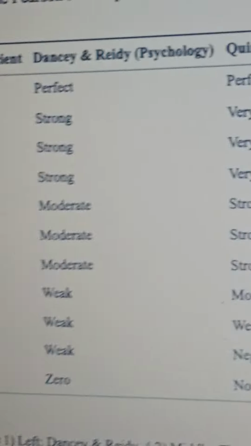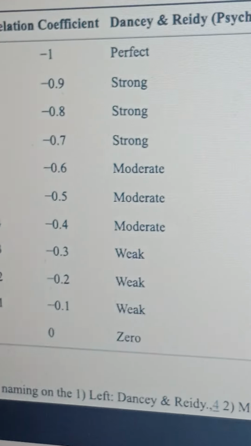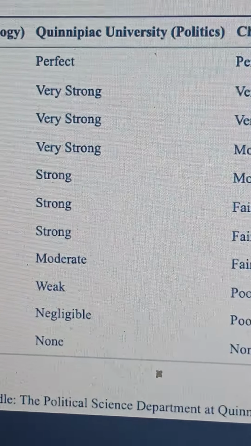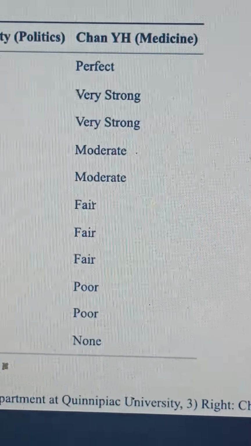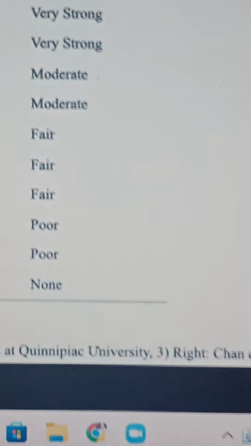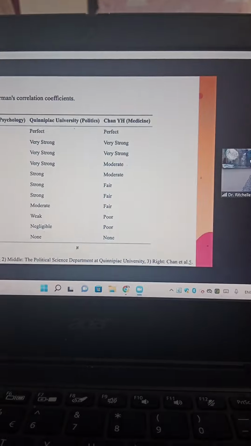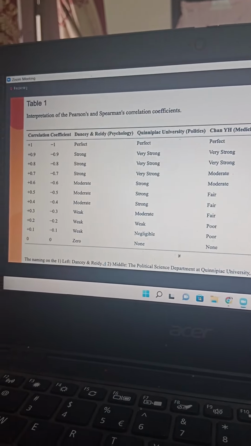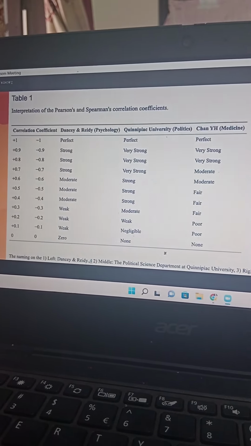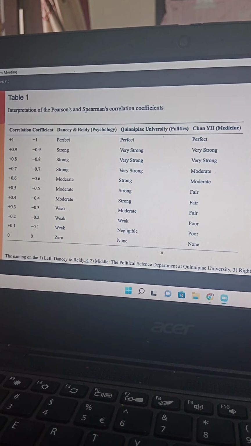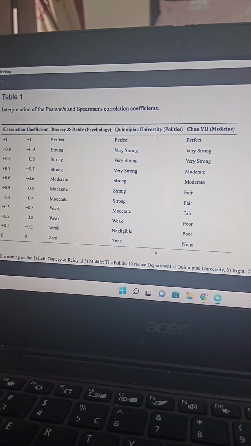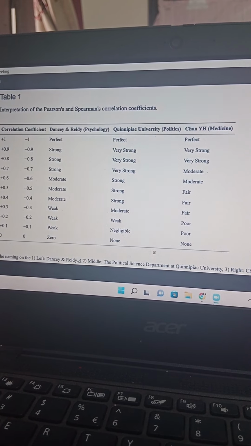We can see there that there is a verbal interpretation of the different values of the R or the correlation coefficient. So for example, if your value is between positive 0.1 and negative 0.1, then you can say that there is a weak correlation.